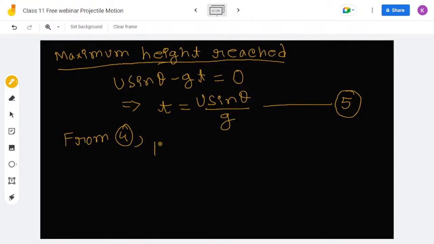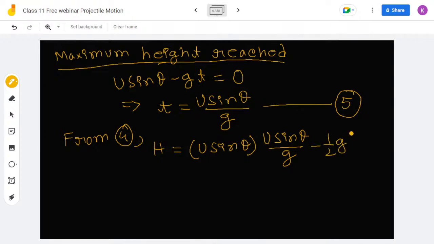We get h equal to u sin theta multiplied by time, that is u sin theta by g, minus half g t square, where the value of t is u sin theta by g, whole square.